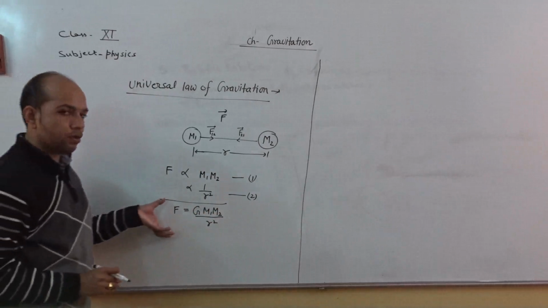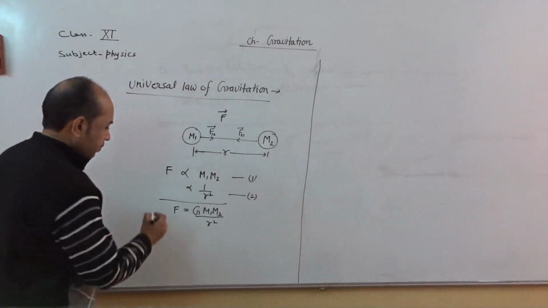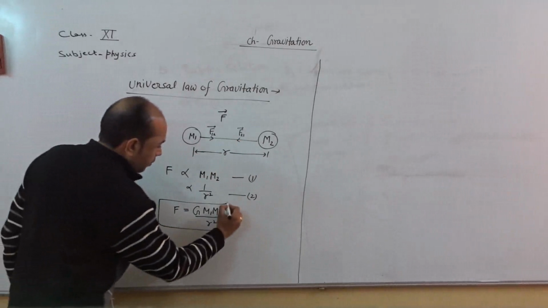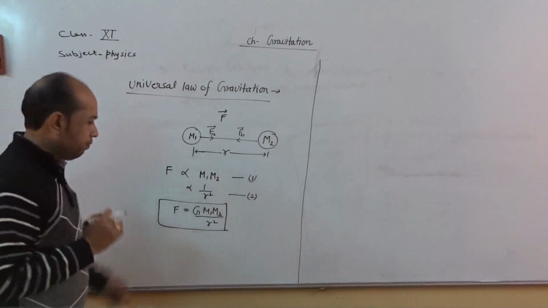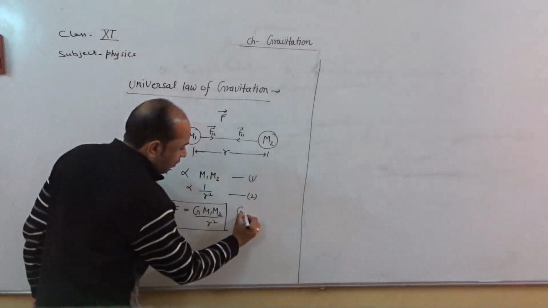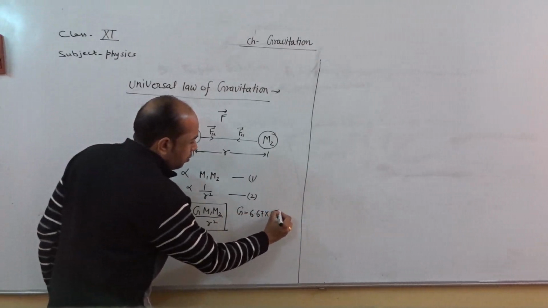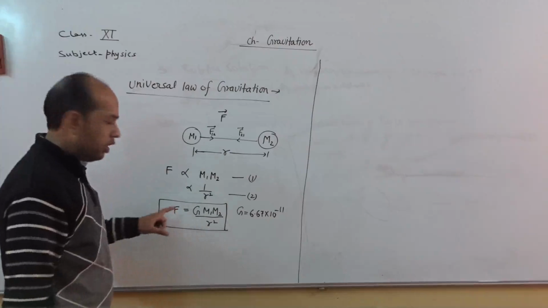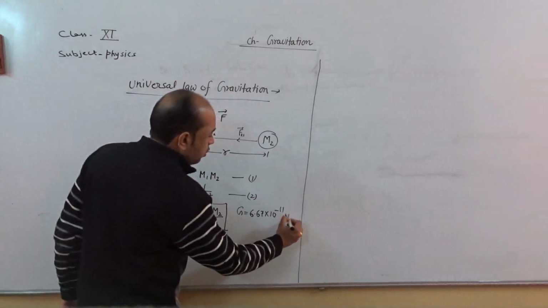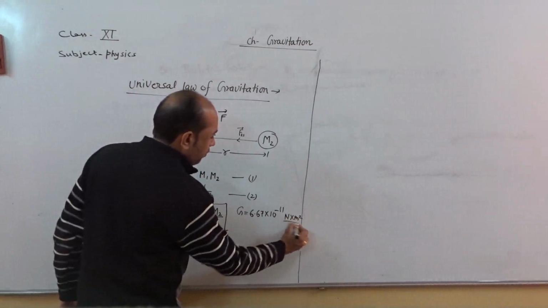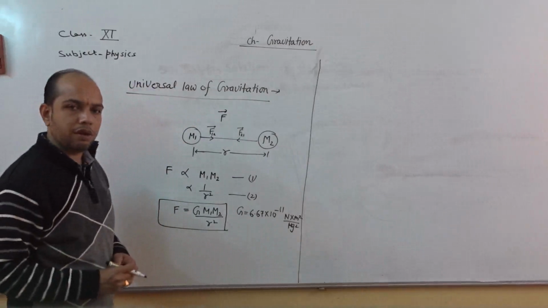So this is the value of the force of attraction between two bodies, or we can say two objects. Now every constant has some specific value. So here capital G has the value 6.67 into 10 raised to the power minus 11. The unit is Newton meter square upon kilogram square. This is the force of attraction.